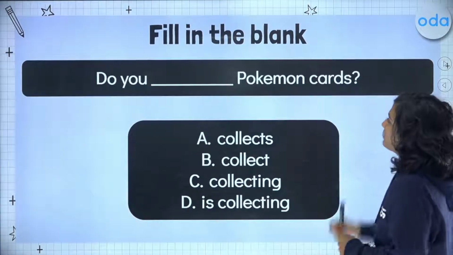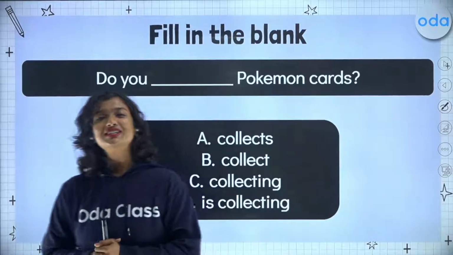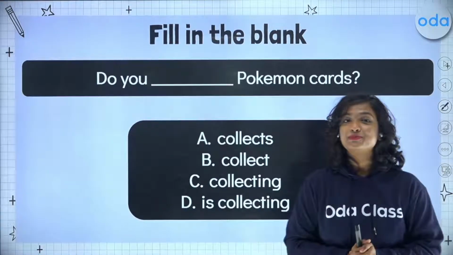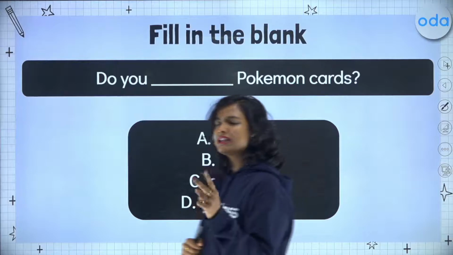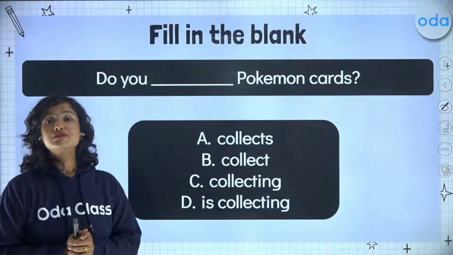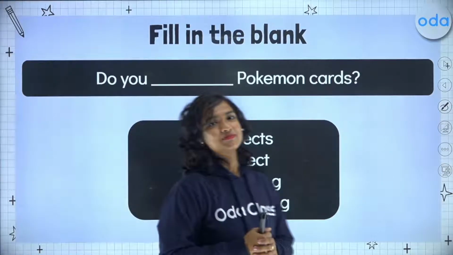Let's take one more question now. "Do you blank Pokemon cards?" Students, here I want you to remember our rules as well. Think about the rules and think about the trick. Combine those two concepts to figure out which verb fits into this blank the best.